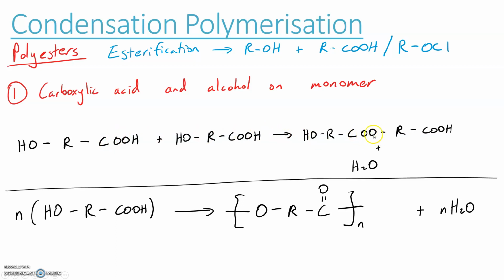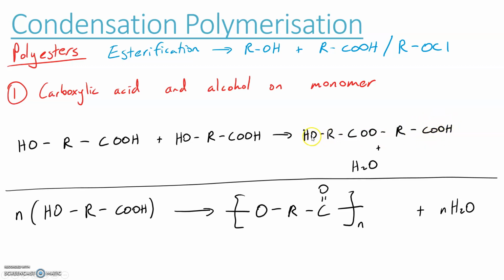So this COO, this O has bonded onto this carbon. And we have the rest of the molecule here on the right. Now, if we take a whole bunch of these and join them together, the repeating unit is going to look like this. Because if you can imagine, if we had more of these molecules on the left, we would take out this H, and we would take out this O and this H. So these would get taken out as well.